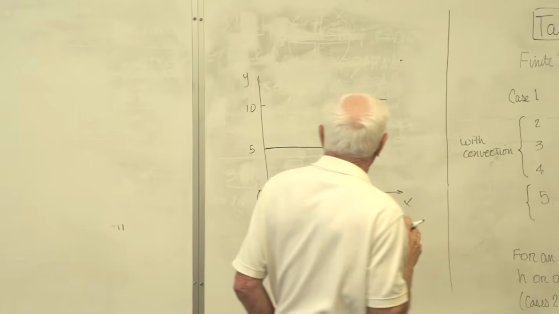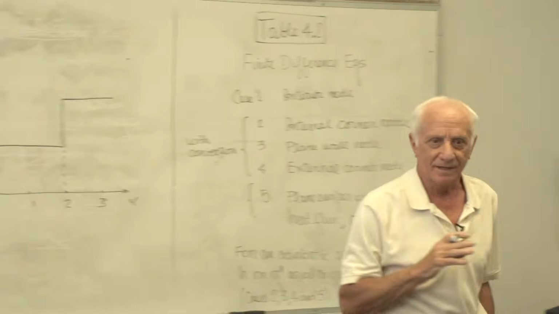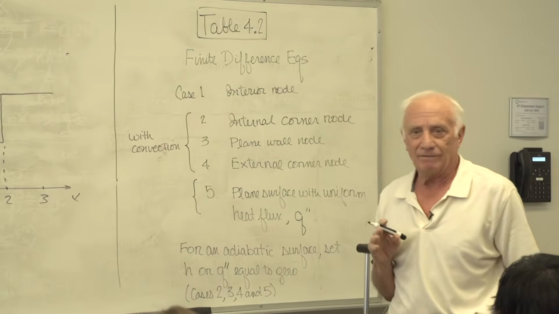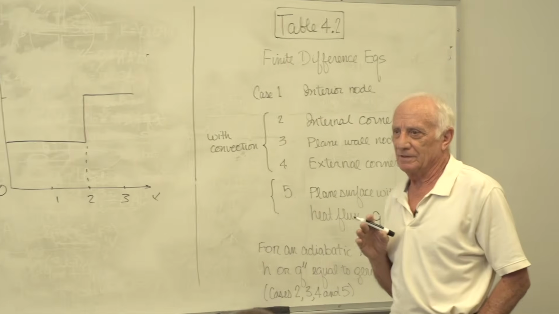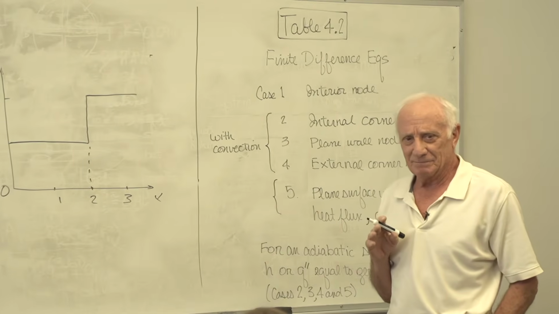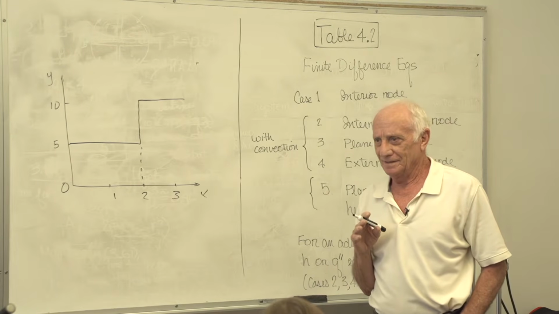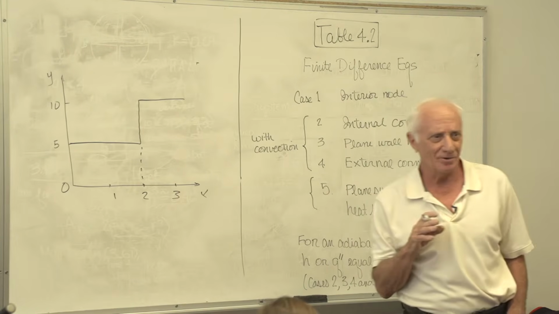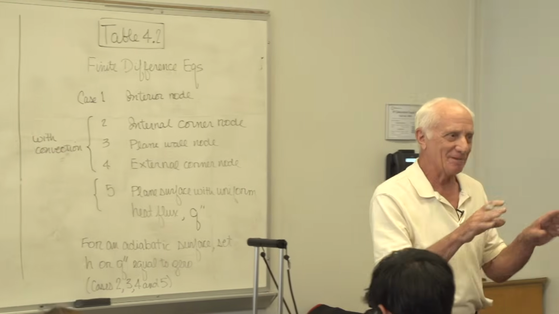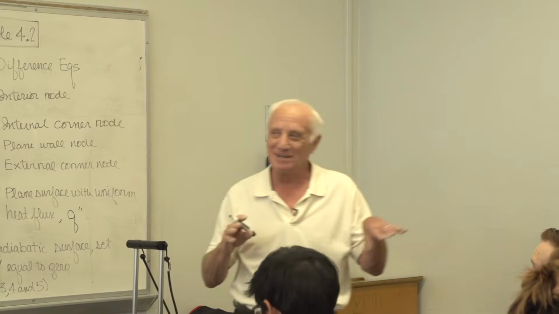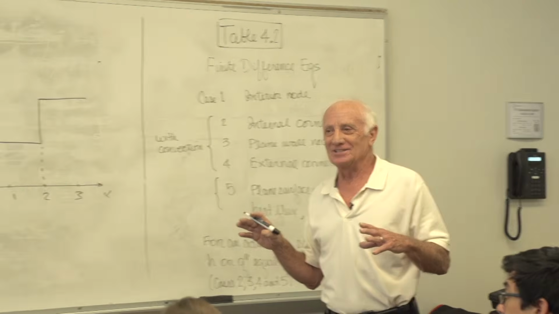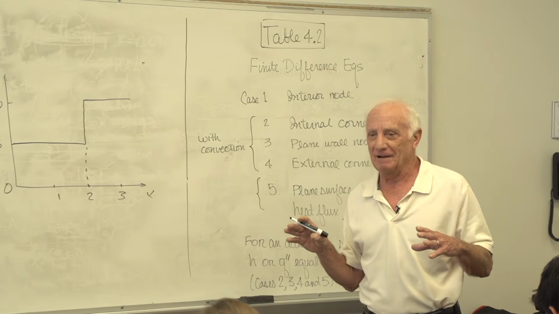When x equals 2, what is y? Half the guys say 10, half the guys say 5. Wait a minute. Somebody's right and somebody's wrong? No, they're both wrong. You can't ask that question. Illegal. It was a good question. Thanks for asking. But no, illegal question. Don't ask me. I don't know, and I can't find out.